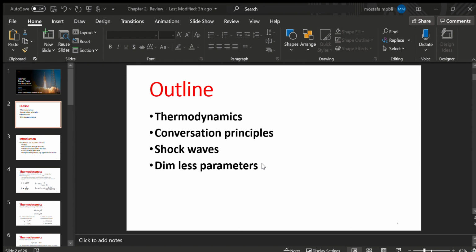Does that make sense? So this is your shock wave. That's it. And it is there because your beeper is moving at a higher speed than the speed of sound.